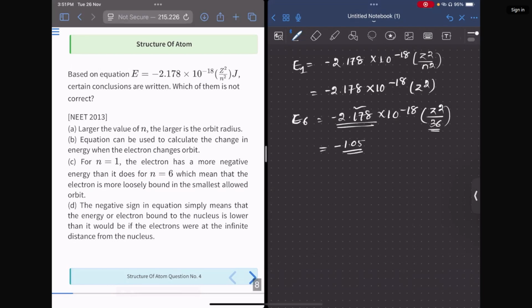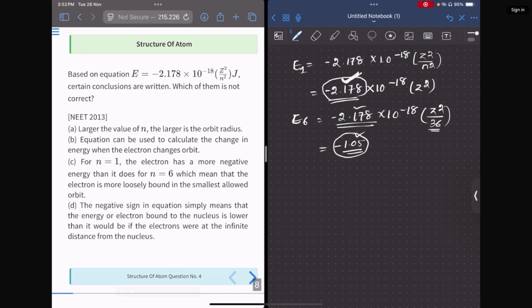So what does that mean? The more negative the energy, the more the attractive force. What is the statement? The electron is more loosely bound in the smallest allowed orbit.